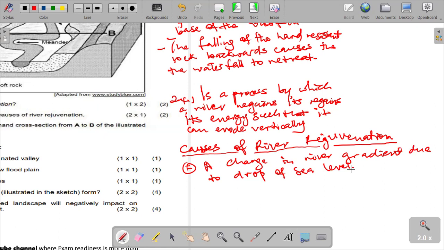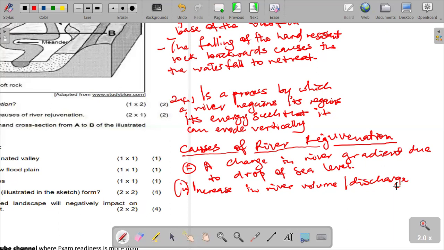It can also be because of an increase in river discharge. Another point: river rejuvenation can be caused by an increase in river volume or discharge.